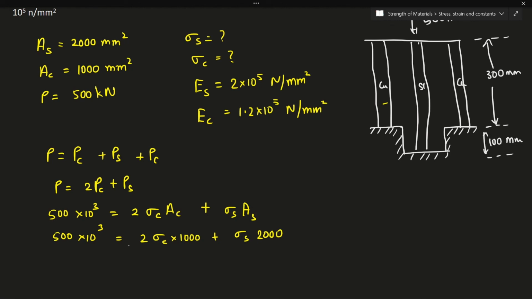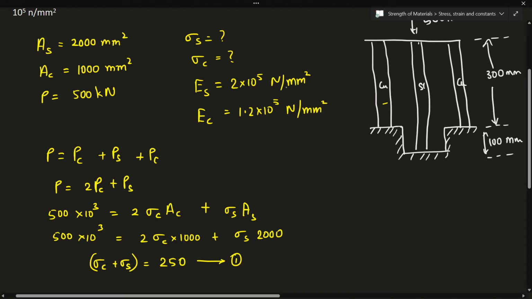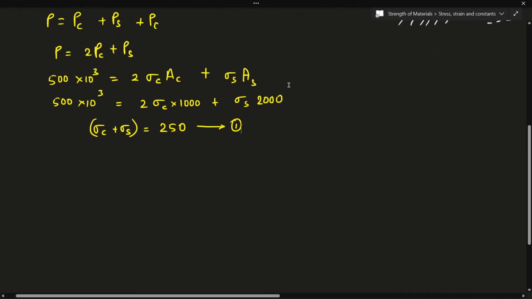Now if I simplify this, I can take 2000 as common, so I'll be having sigma C plus sigma S equal to 500 into 10 to the power of 3 divided by 2000, which is nothing but 250. Right, I'll call this equation 1.